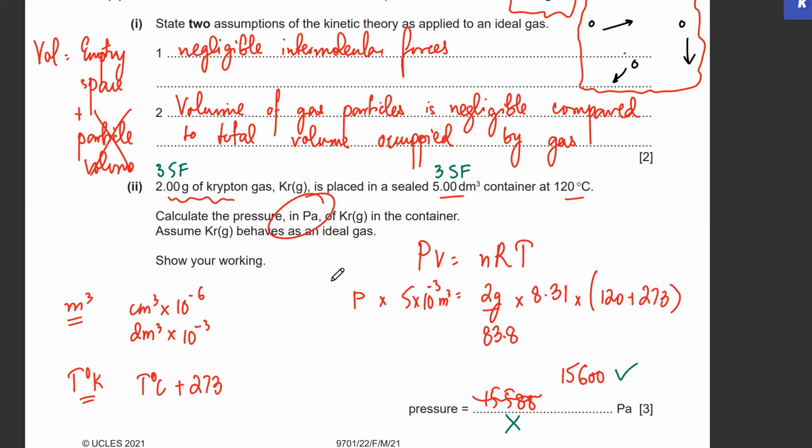But if your measurements are accurate up till the third number, how can your answer be more accurate than the original values? So this one cannot be more accurate than 3 significant figures. So you would have to round it off on the third one. It's going to be 15,600 and not 15,588, because your answers cannot exceed the accuracy of the numbers that you're using. Is that clear?